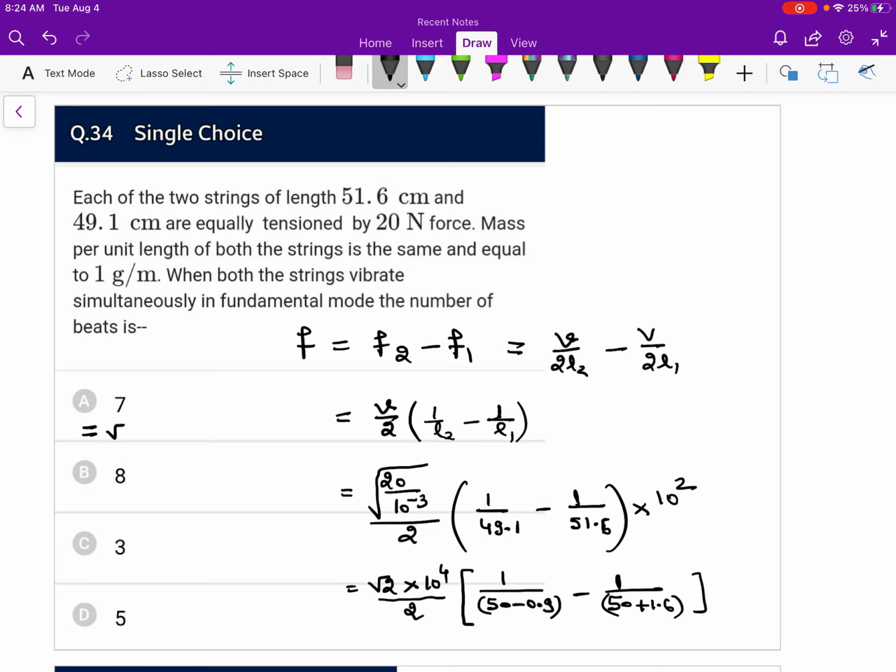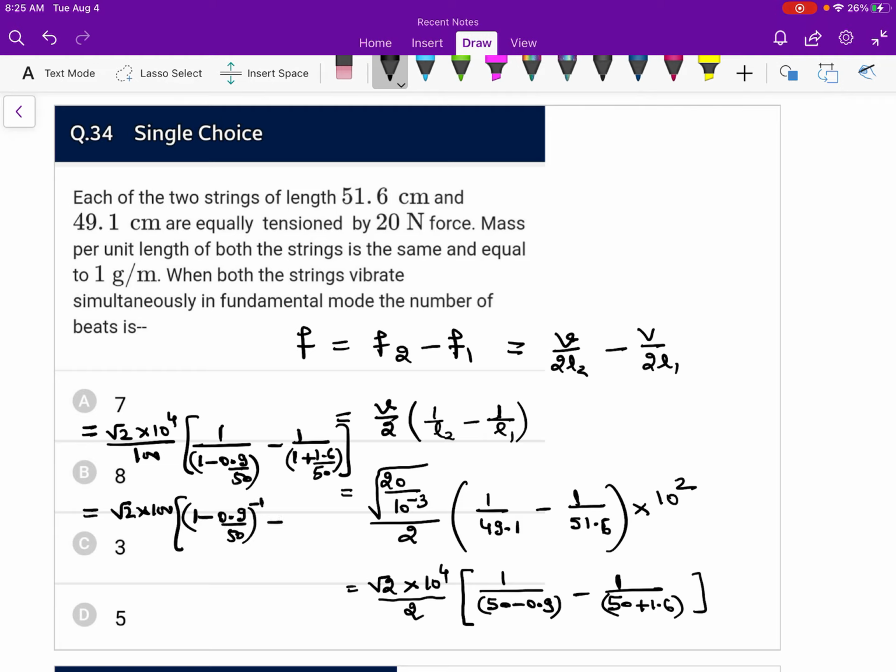So root 2 into 10 to power 4 upon 2, and 50 common, so this becomes 100. And this is 1 upon 1 minus 0.9 by 50 minus 1 upon 1 plus 1.6 by 50. Now this is root 2 into 100, (1 minus 0.9 by 50) raised to power minus 1 minus (1 plus 1.6 by 50) raised to power minus 1.